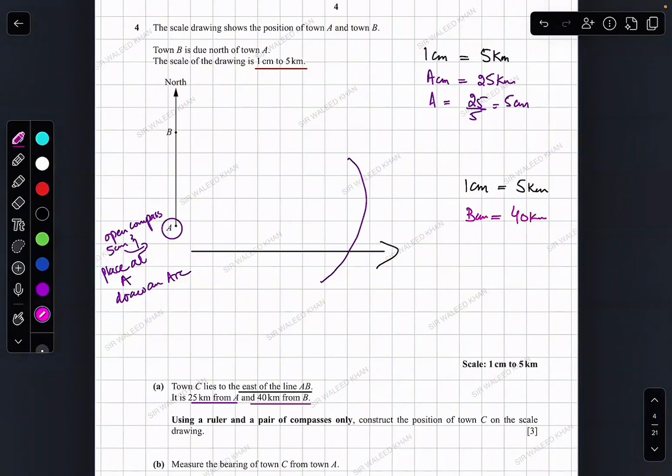So again, cross multiplying it, the distance from B I can get by 40 divided by 5. 8 centimeters. That means I have to place the compass at B. Open the compass 8 centimeters. Place at B. And draw an arc.